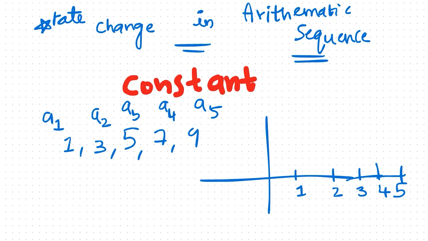So 1, 1, and then 2, 3, something like this. A straight line, they all follow.